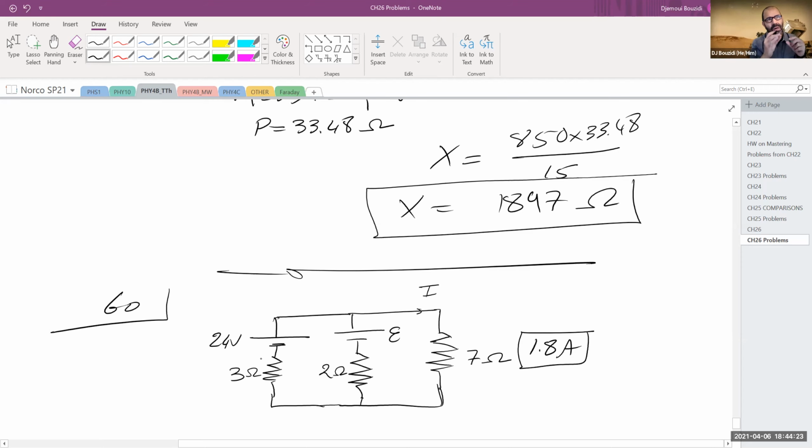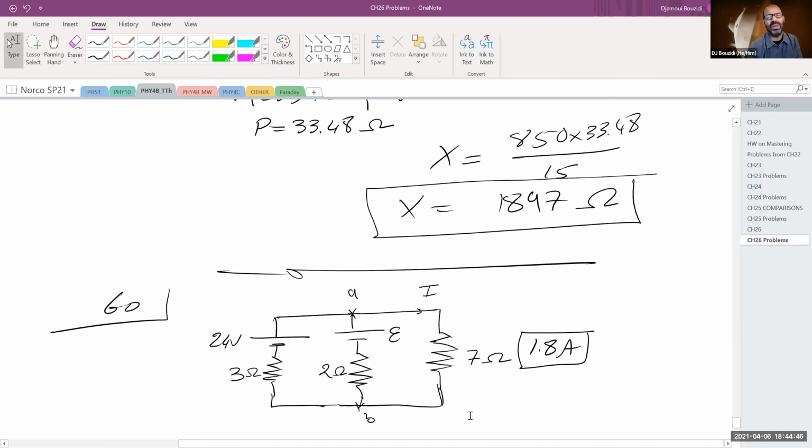So in this case, the current must be flowing downward through the 7 ohm resistor. Meaning that the difference in potential between this point, which I'm going to label A, and this point, B, is such that A is higher in potential than B. That is the bottom line, where A is this entire point and B is this entire point.